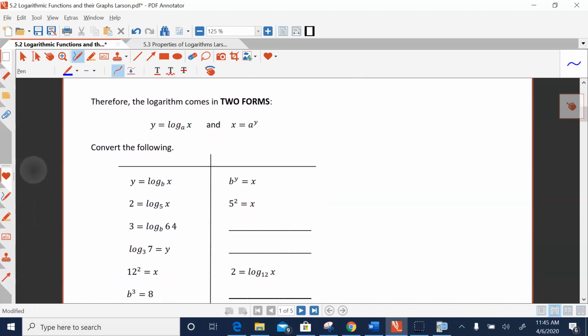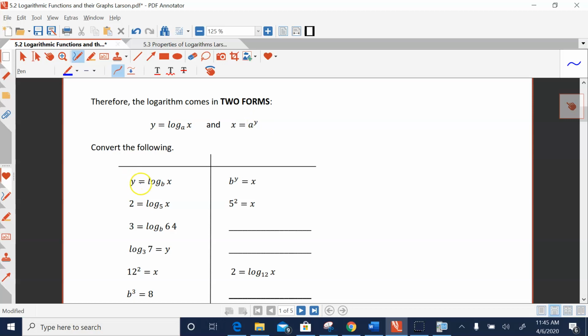The first thing we need to be familiar with is the two forms that a logarithm can take. We'll see it in y equal log base a of x form, and we can also work with it in the x equal a to the y form. So let's practice with those forms by doing some converting.